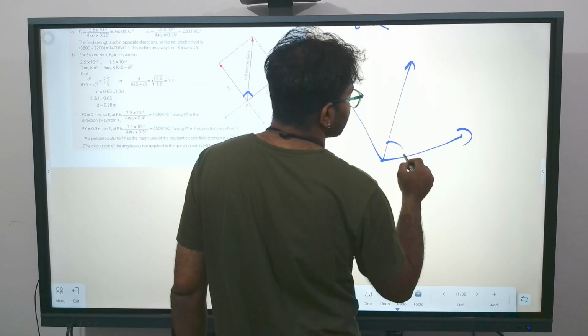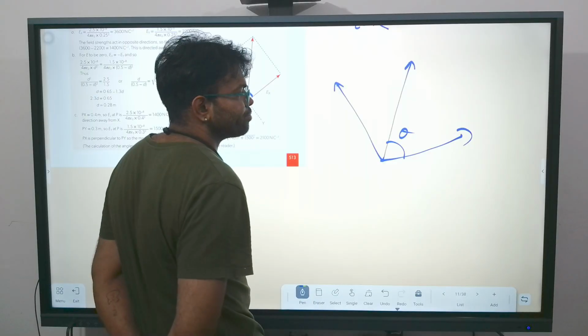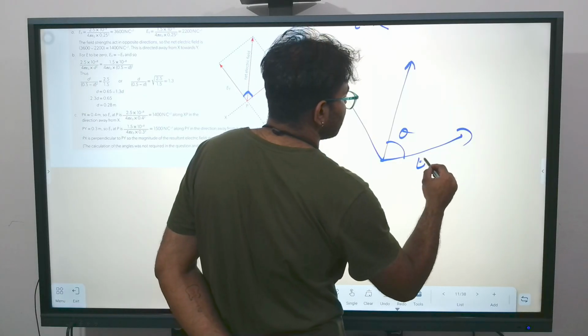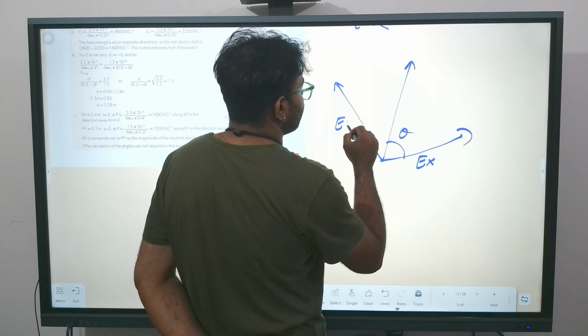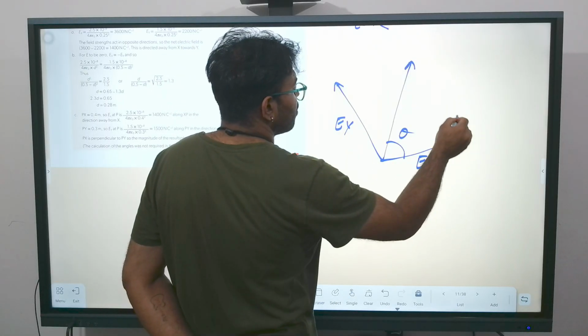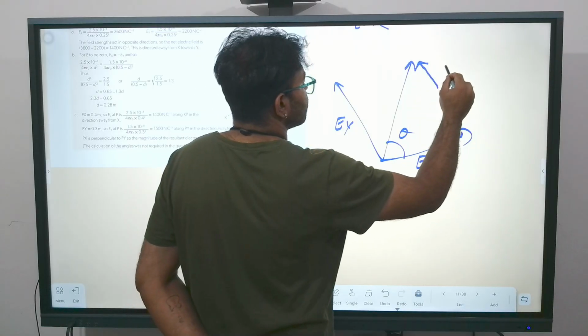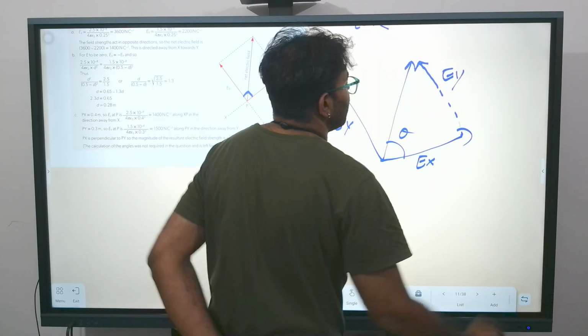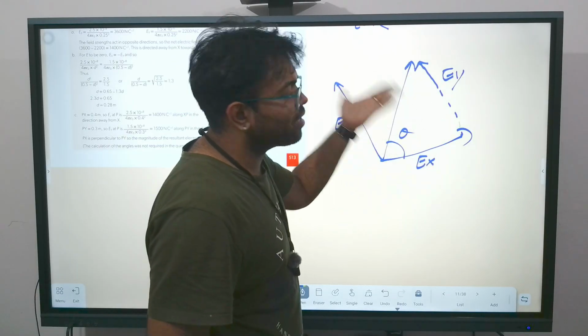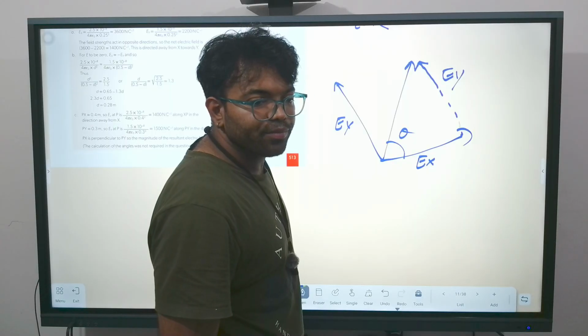Okay, so let's call this theta. If this is theta, then this is E of x and this is E of y. Can I transport this E of y to here? Why? Because these two are parallel, their direction is the same and their magnitude is the same.